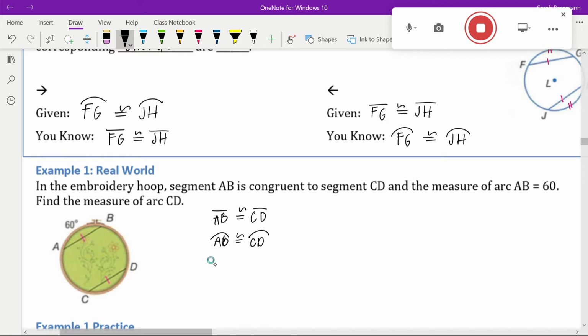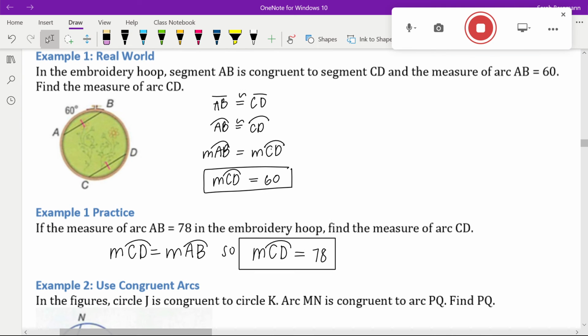This means that the arcs have to have the same measure. So if the measure of arc AB is 60, that means that the measure of arc CD would also have to be 60. Go ahead and try the practice problem below.